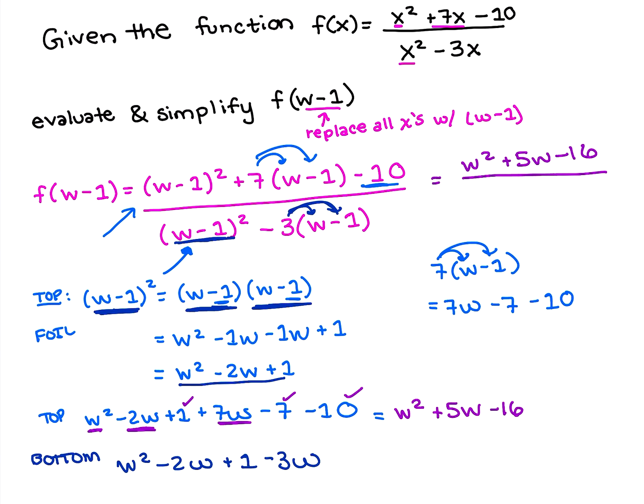And then we have negative 3 times a negative 1 is going to make it a positive 3. And then we want to combine any like terms on that. So we just have a w squared and minus 2 minus 3w. So negative 2 minus 3 is going to give us negative 5w. And then for our constants, we have a 1 plus 3 is 4. We can leave it just like that for now.